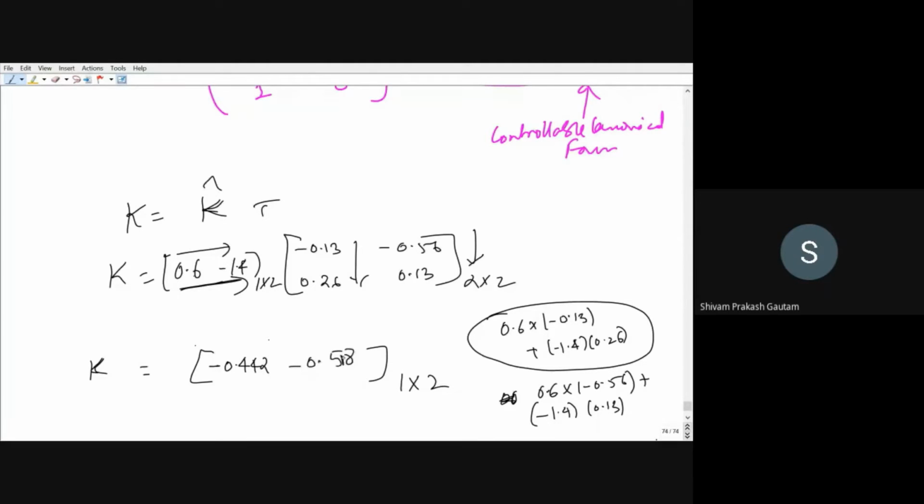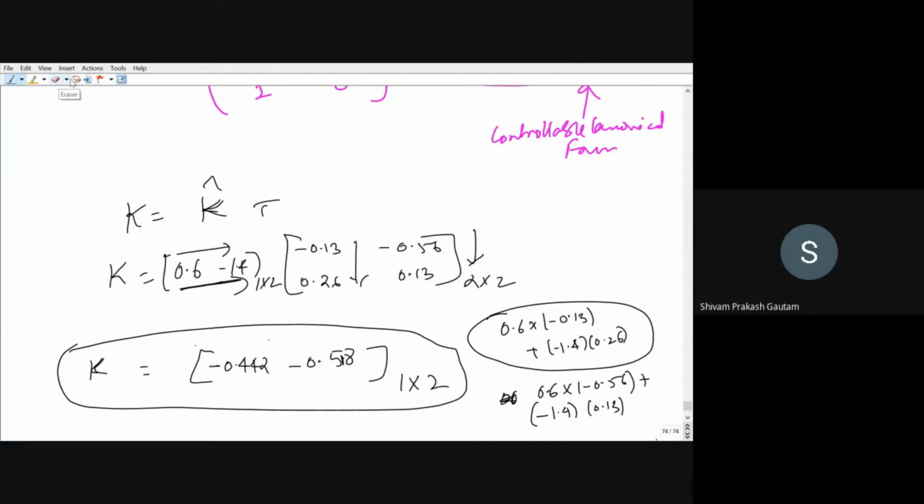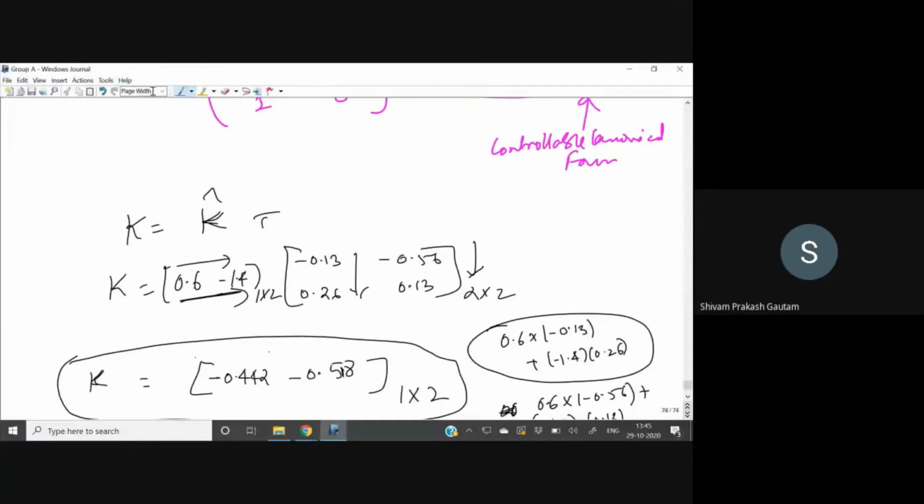So this is your final answer. This should be the value of K, so that you introduce this much amount of feedback, so that your poles are lying at -1 and -1. I will just recollect what we have covered.